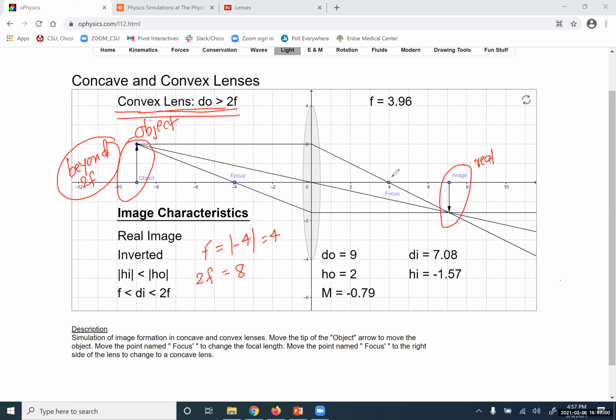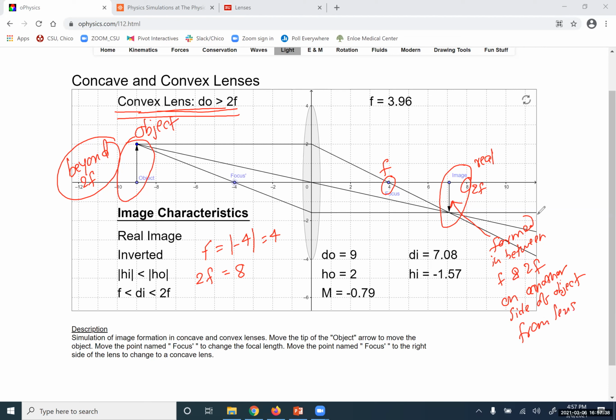So your f is here, your twice f is here. This image is formed somewhere between f and twice f on the other side of the lens, the other side from the object.